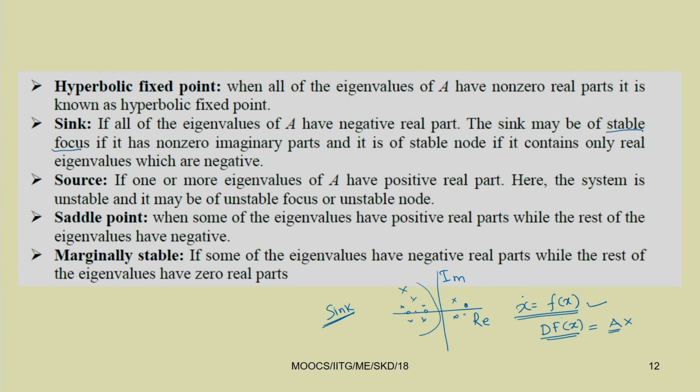In the case of a node, we get a stable node if it contains only the real part, that is, if the imaginary part is 0.